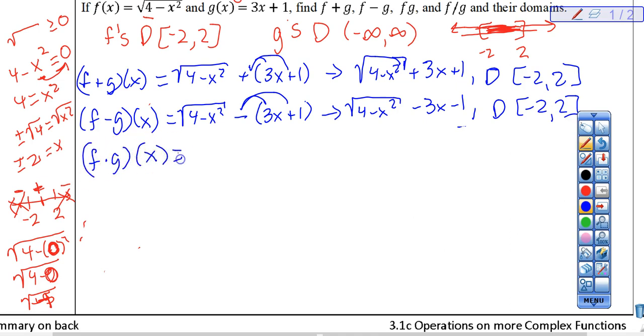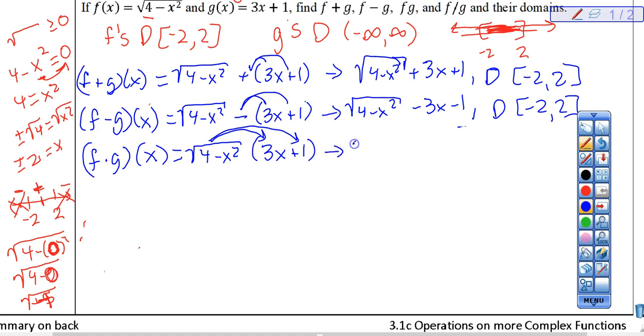So let's multiply. Here we go. We're almost done, folks. Okay, so I'm multiplying a radical times a line. And you know what? I can multiply them. They don't have to be like to be multiplied. I can multiply that square root times both of those quantities.